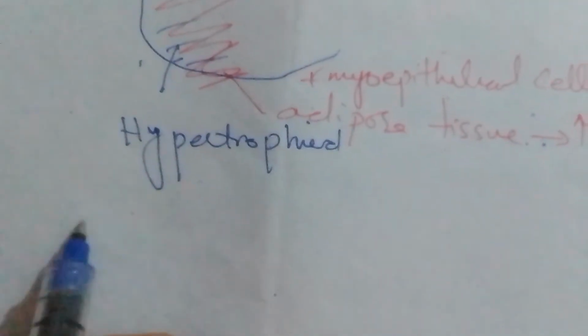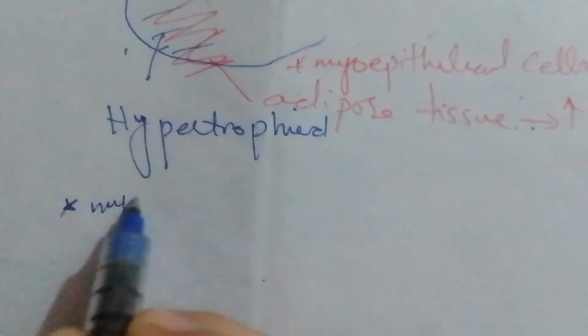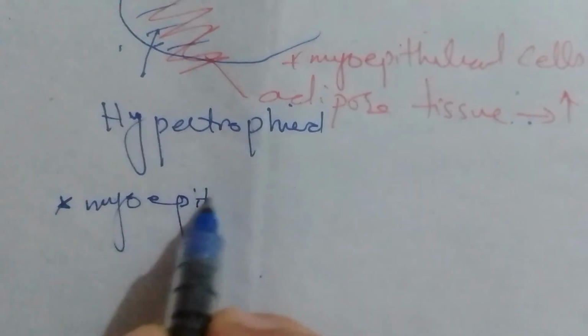As I talked about before, the contraction of these lobules causes the ejection of milk. But what causes the contraction of these lobules? What is responsible for contraction of these lobules? Actually, the stimulus comes from the myoepithelial cells.